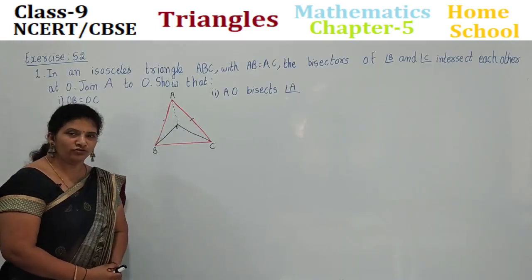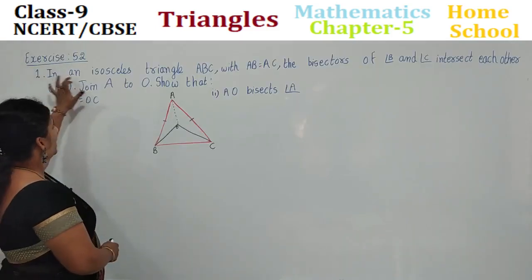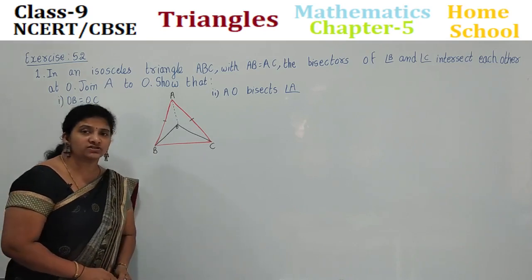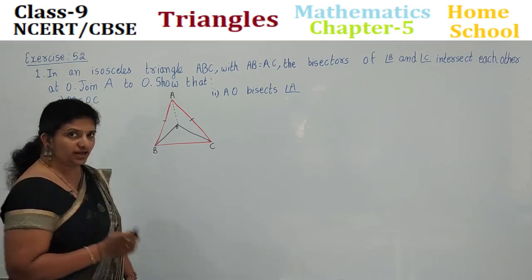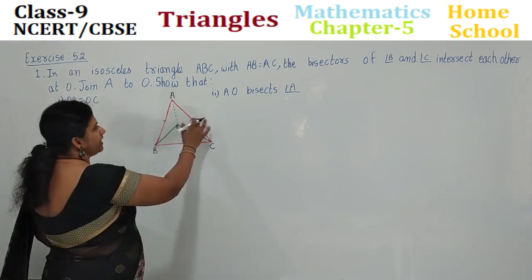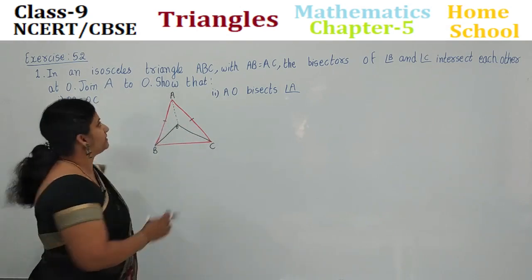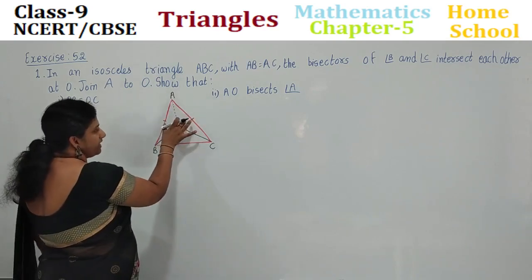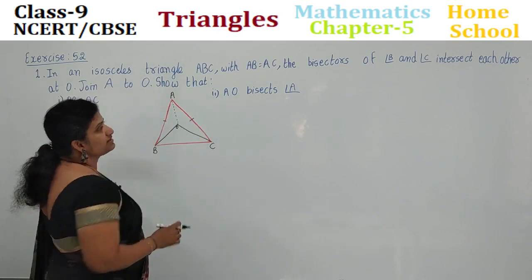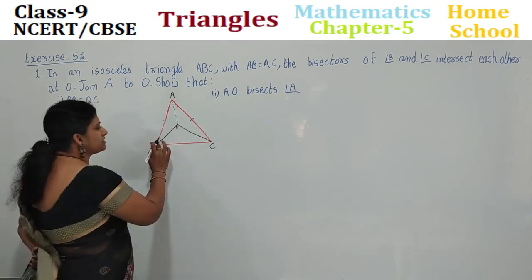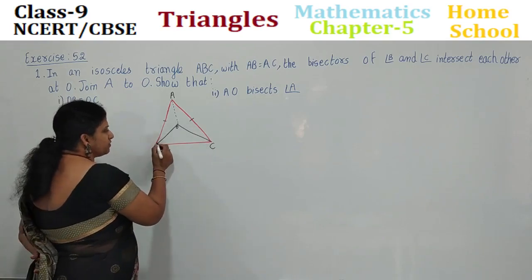Exercise 5.2, first problem. In an isosceles triangle ABC. What do you mean by isosceles? Two sides are equal. Let me take a triangle ABC where AB equal to AC. The bisectors of angle B and angle C. Bisectors of angle B and angle C means what, children?